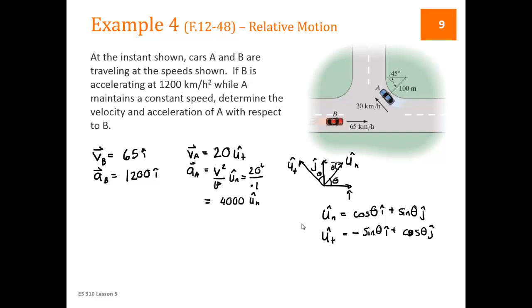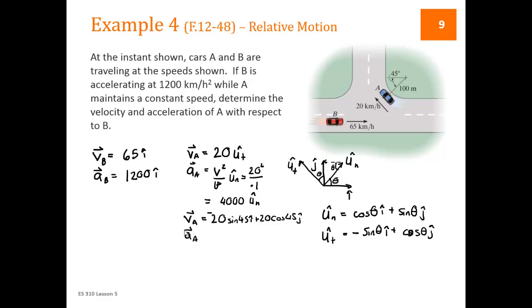Okay, so now that we have the relationship between the normal and tangential and the i and j's, we can write our VA and our AA in i's and j's. VA is tangential, so that's the bottom one. VA is going to be negative 20 sine 45 i hat plus 20 cosine 45 j hat.